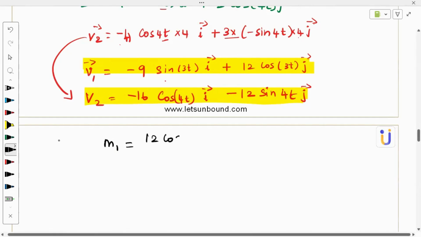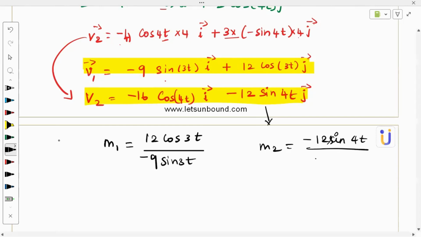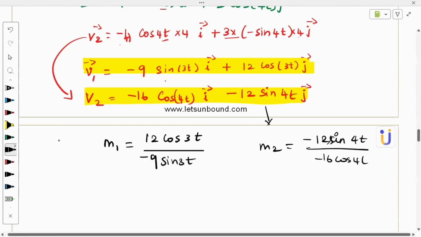So it will be just 12 cos 3t minus y2, which is actually 0, divided by x2 minus x1, which is minus 9 sine 3t, and x2 will be 0. Similarly, m2 for this one, y2 minus y1, so we can just write minus 12 sine 4t by minus 16 cos 4t, and simplify it.